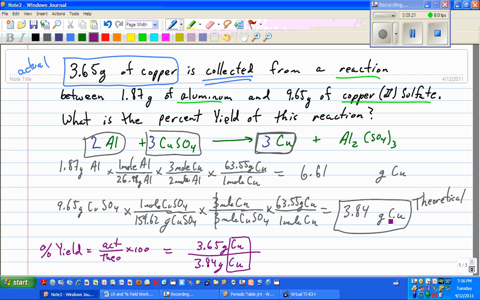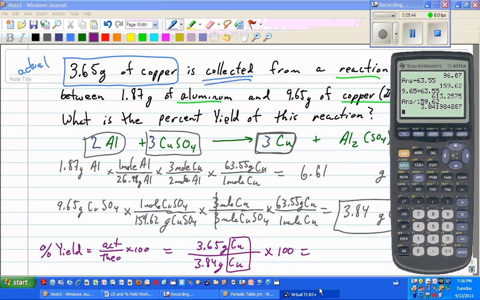I needed to go to copper with my stoichiometry so that I could make this comparison. Again, percent yield is nothing more than a comparison of what is made versus what should be made based in theory, or based on stoichiometry. We'll multiply that by 100.